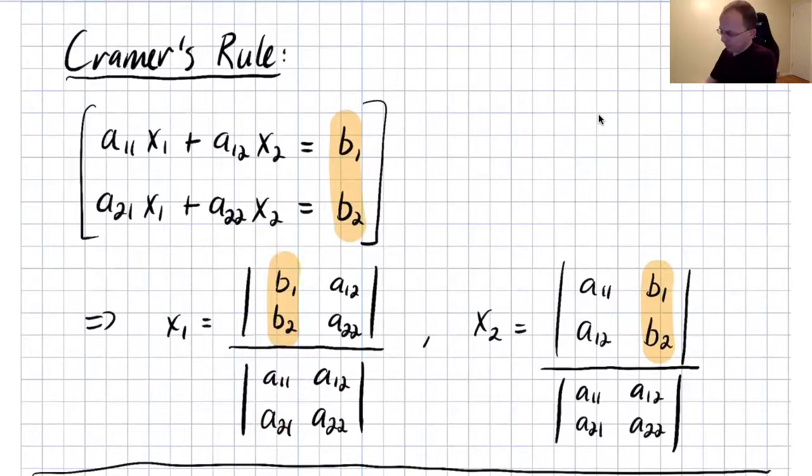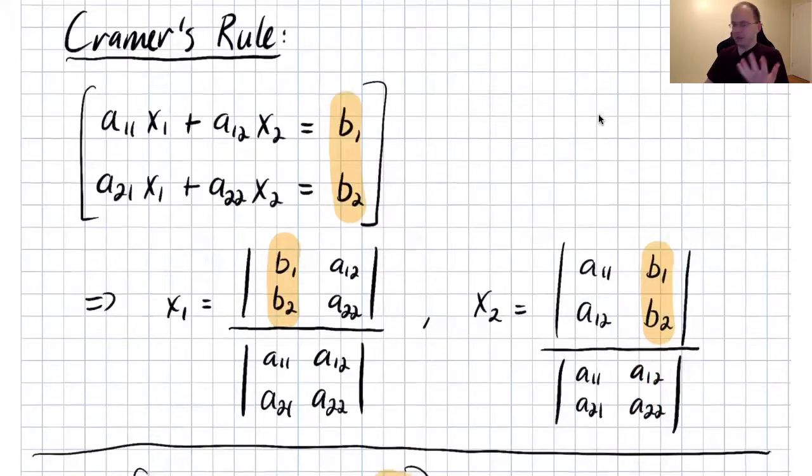We do the same thing for x2. Here's the determinant of that 2x2 matrix, and in the numerator, we take the determinant of the same matrix, except we replace the second column with the right-hand side. That gives us two very quick formulas for the solution of this 2x2 linear system.